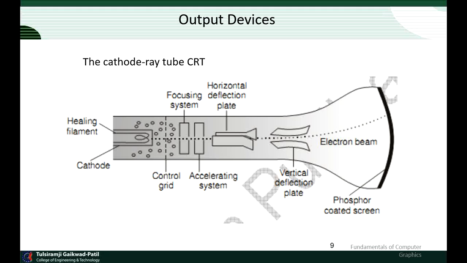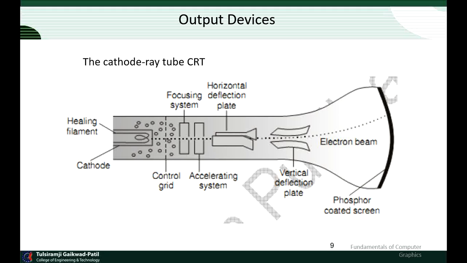Here at the last, the phosphor coated screen is there. Phosphor has the characteristic to hold the intensity of the electron beam.